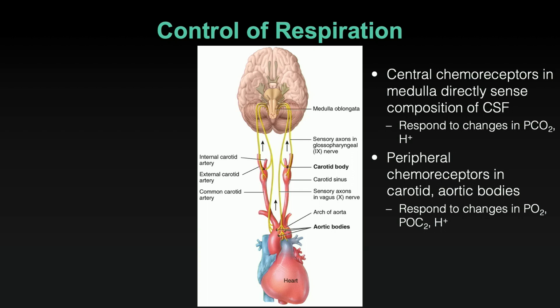And I think it's also important, as we get into some finer details, to note these are sensing the composition in arterial blood, or on the arterial side. So carotid arteries, aortic arch, obviously arterial fluids, right? Arterial blood. CSF is very close in composition to the arterial blood.